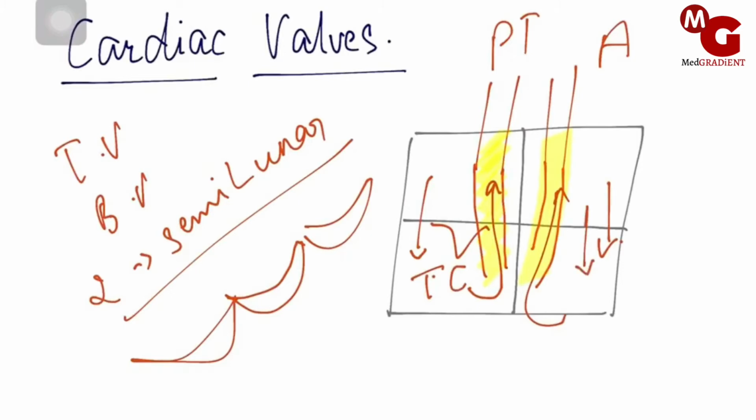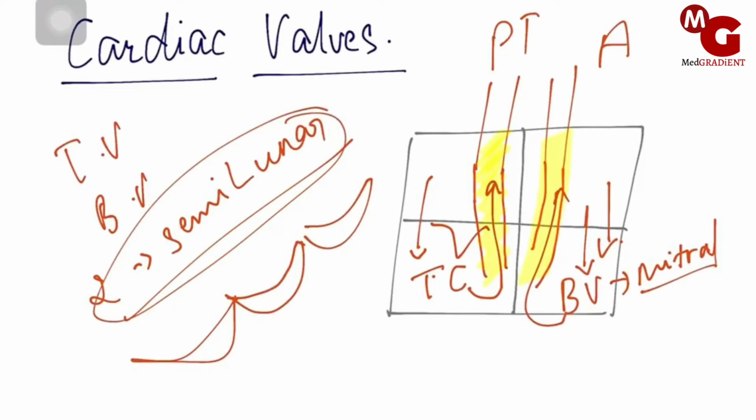The left atrioventricular valve is known as the bicuspid valve, and the bicuspid valve is also known as the mitral valve. Yes. The semilunar valves guard the vessels that leave the ventricles, that is, the aorta and the pulmonary trunk.